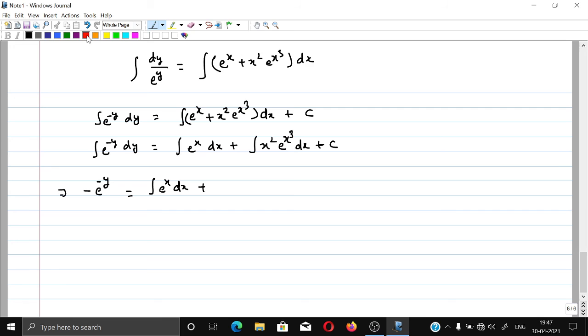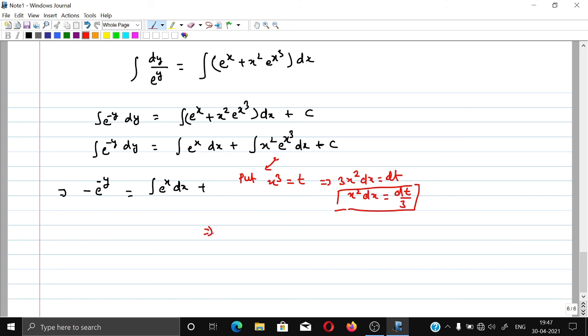To solve the integration part, put x^3 = t. So what you will get is 3x^2 dx = dt, and x^2 dx = dt/3.